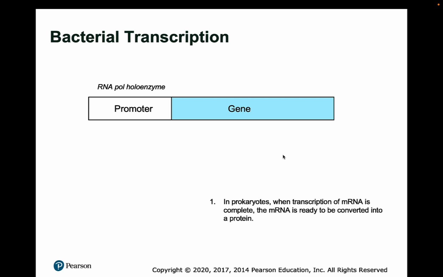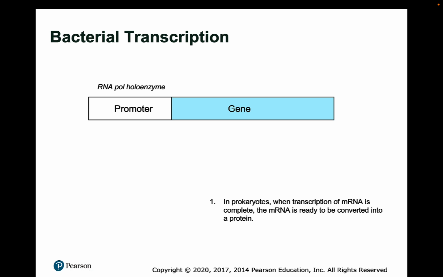Okay, let's review bacterial transcription. So here, this rectangle represents a gene in bacteria, and every gene has a promoter, and recall that the promoter has a -10 and -35 box, and the promoter is where the RNA polymerase binds.